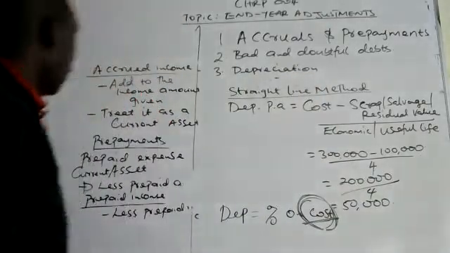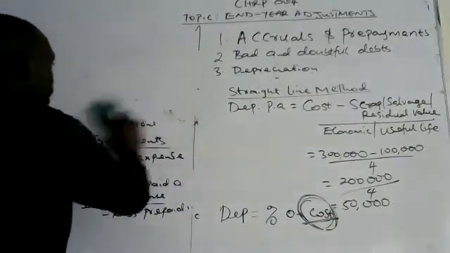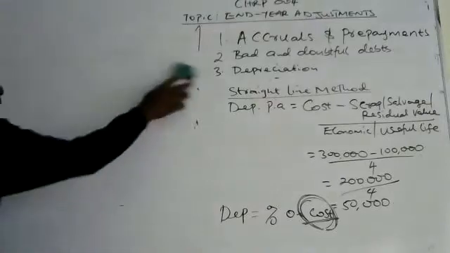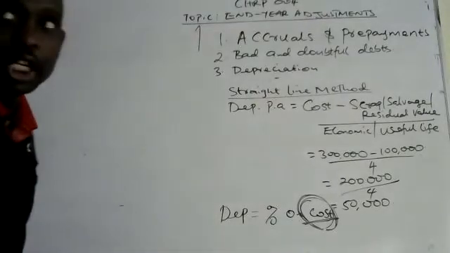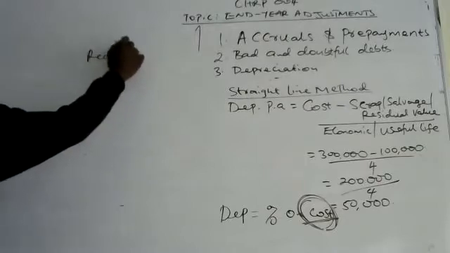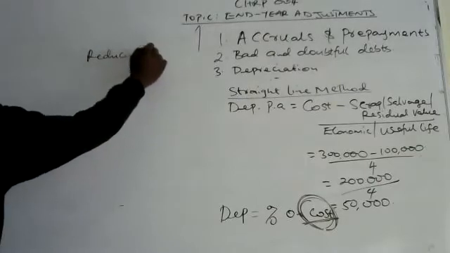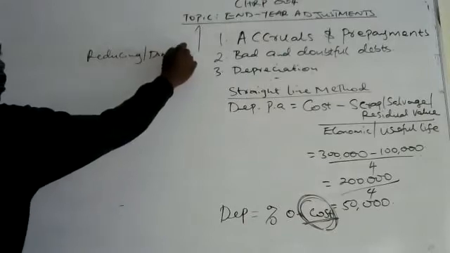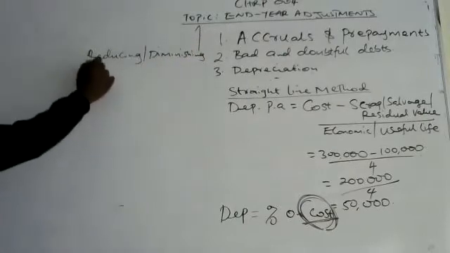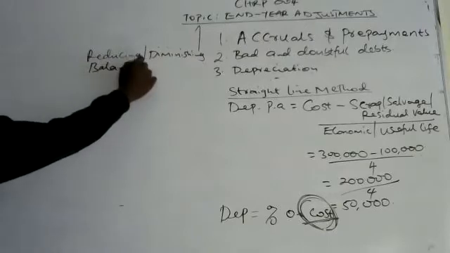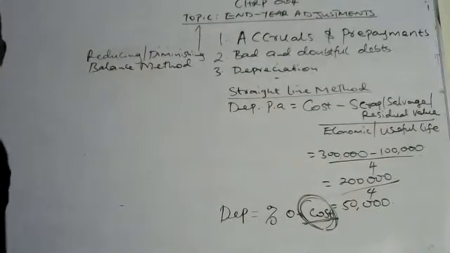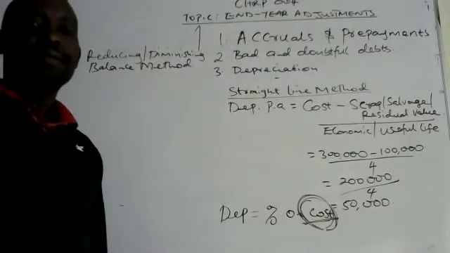Then the next method that we shall be coming across commonly is known as the reducing or diminishing balance method. In other books, they call it the diminishing balance.